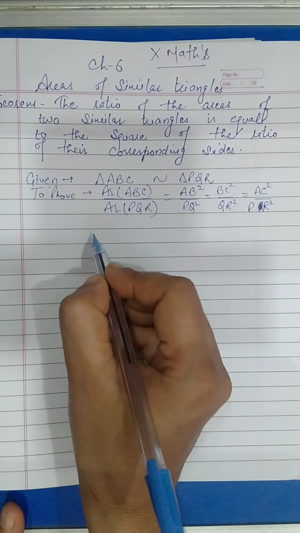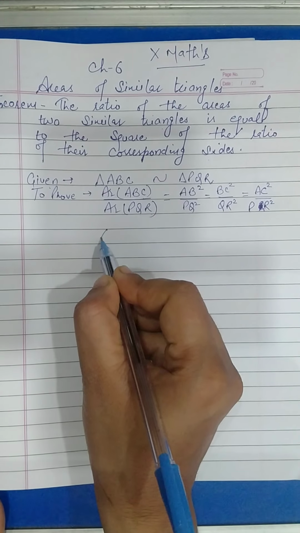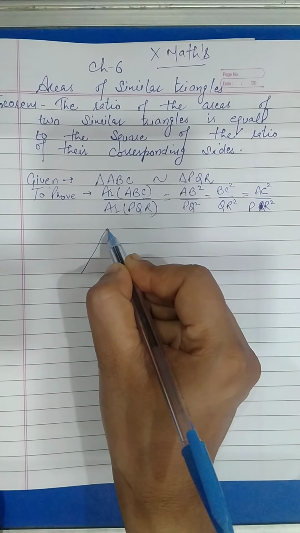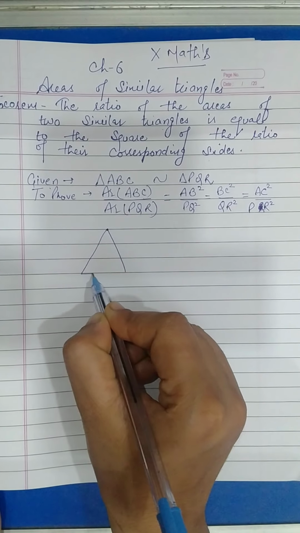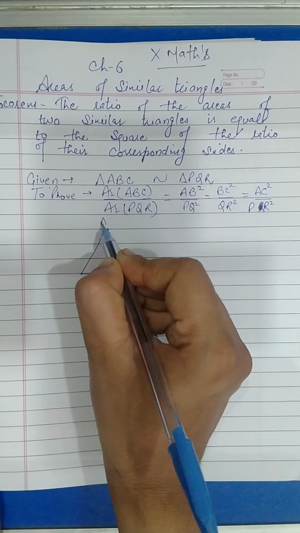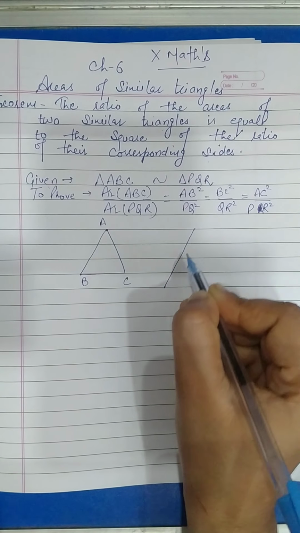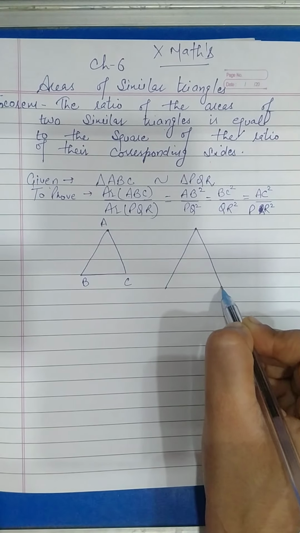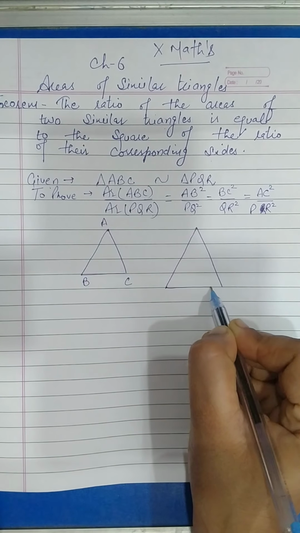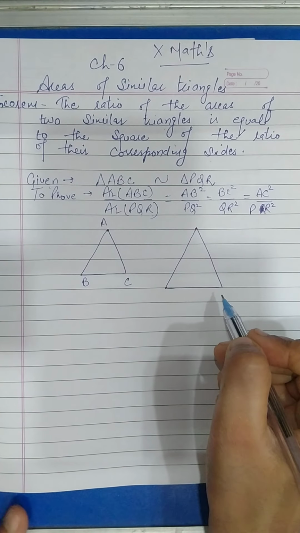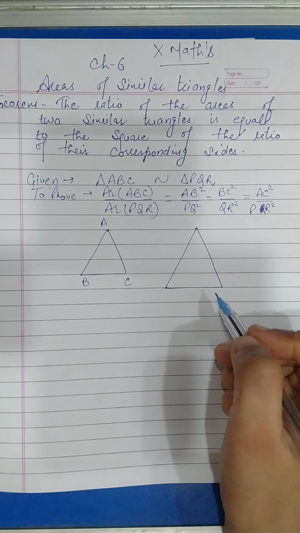Now let us draw the diagram. We have a triangle ABC and PQR. Because the triangles are similar, the shape should be the same, size can be different.